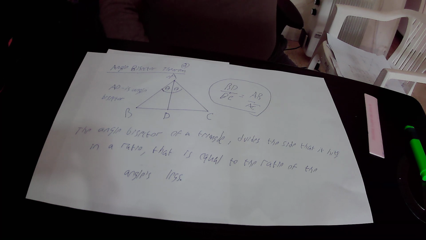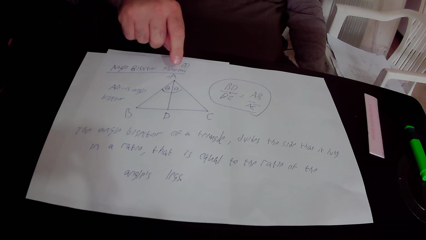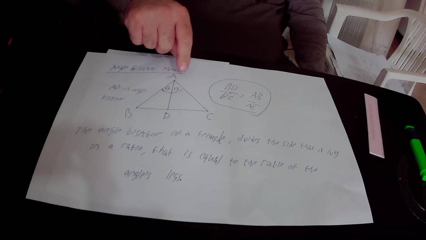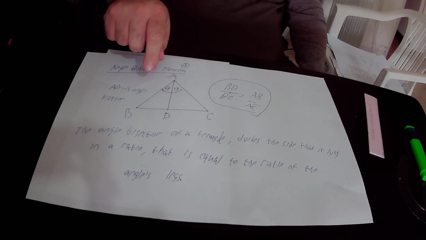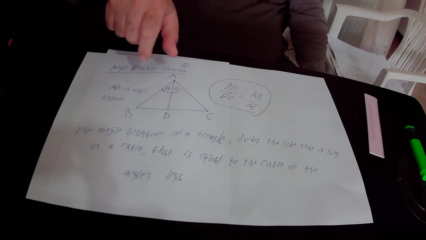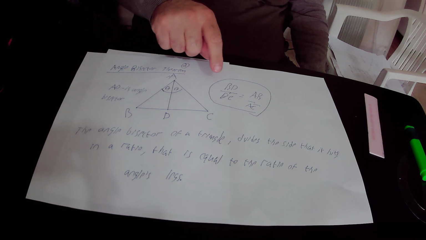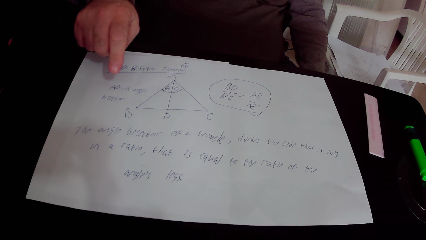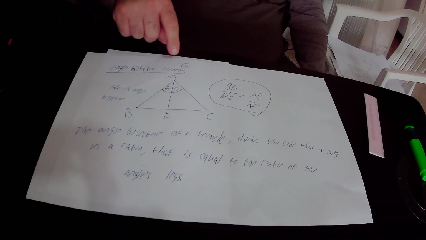divides the side that it hits in a ratio that is equal to the ratio of the angle legs. So here, according to the angle bisector theorem, the angle bisector AD hits side BC, and it divides it into two parts, BD and DC. The ratio between those two parts is BD over DC. And this ratio equals the ratio between the angle legs, which are AB and AC.